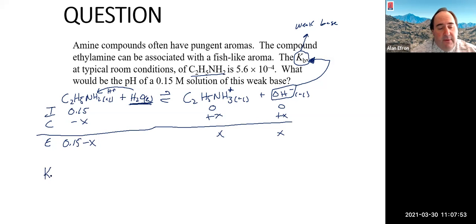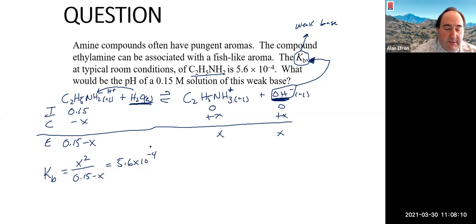This would obviously go into our Kb value. Again, we know it's Kb because we see OH minus on our product side. That gets us x squared over 0.15 minus x equals 5.6 times 10 to the minus 4. Any questions on the ICE table or anything up until this point?